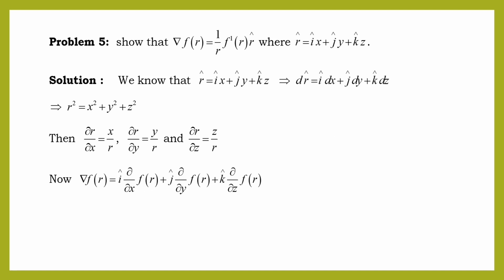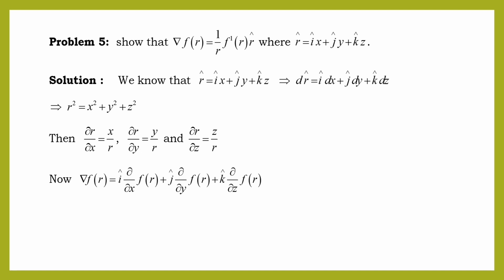Problem number 5. In this problem also, we need to prove a formula: del f of r equals 1 by r f dash of r r cap. To prove this formula, let us consider r cap equals i cap x plus j cap y plus k cap z again.